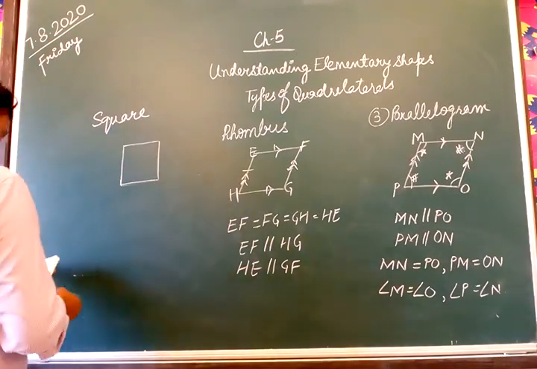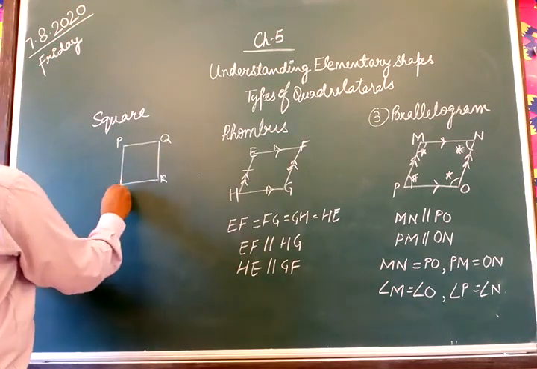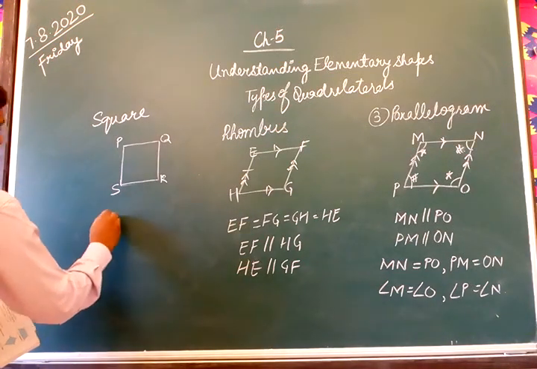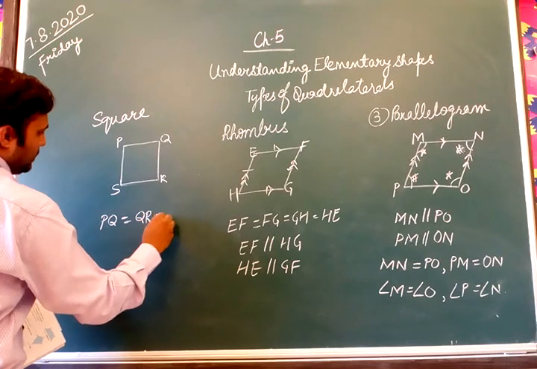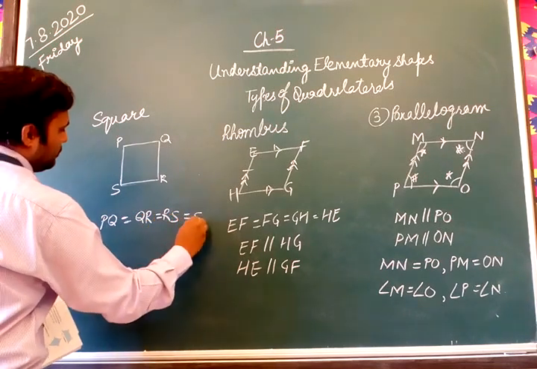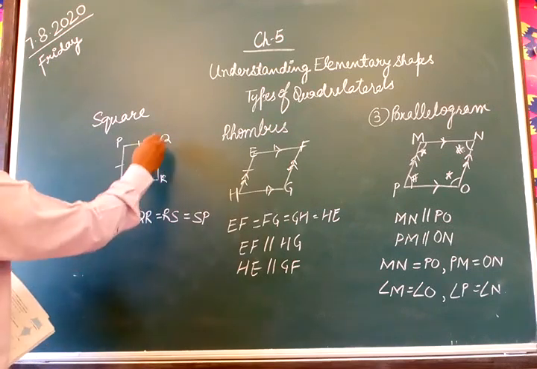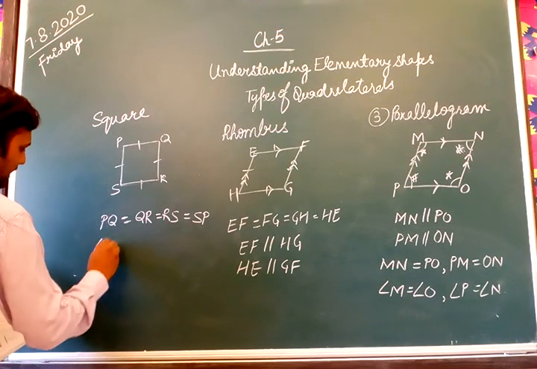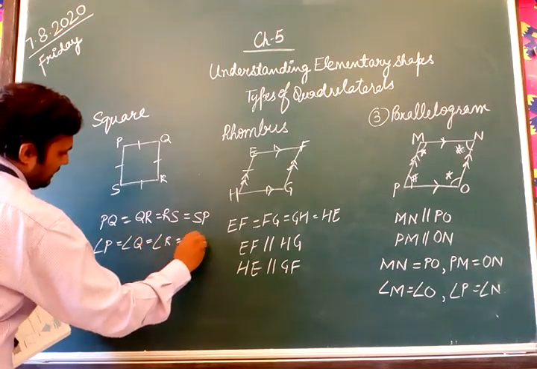So in front of us we have a square PQRS, in which all the sides are equal: PQ equals QR equals RS equals SP. All four sides are equal, with additionally angle P equals angle Q, angle R equals angle S.